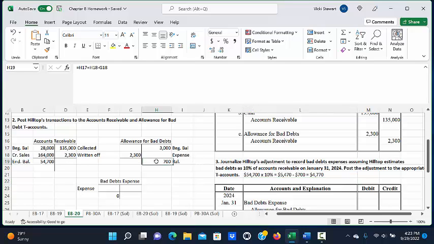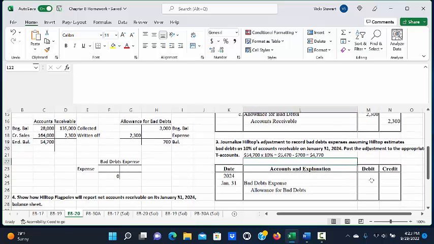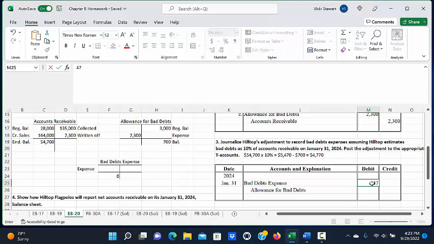But we also have to subtract the balance that is in the allowance for bad debt. So after we subtract the $700, we would have an adjustment to the allowance for bad debts of $4,770. So to record the adjusting entry, we would debit bad debts expense for $4,770 and we would credit the allowance account for the same amount.